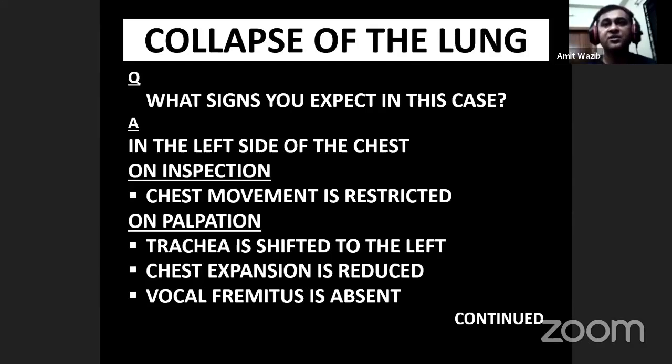So when you examine a patient with left-sided collapse, on the left side there will be reduced chest movement, reduced chest expansion, absent vocal fremitus, the trachea will be shifted to the left, percussion will be dull, and on auscultation the breath sound and vocal resonance will be absent.